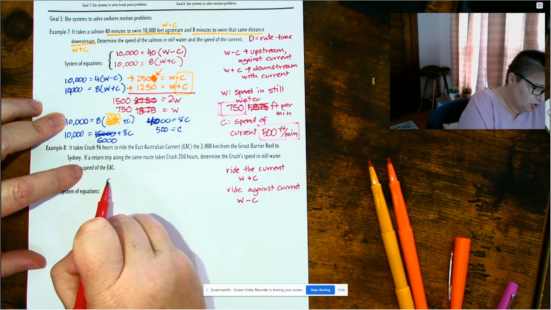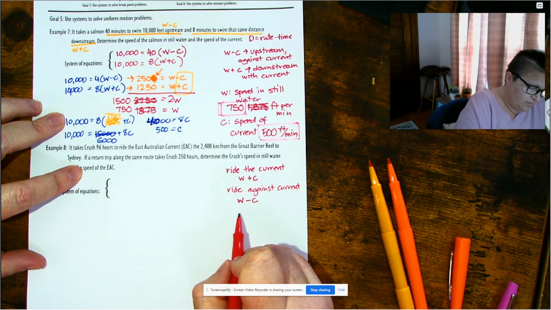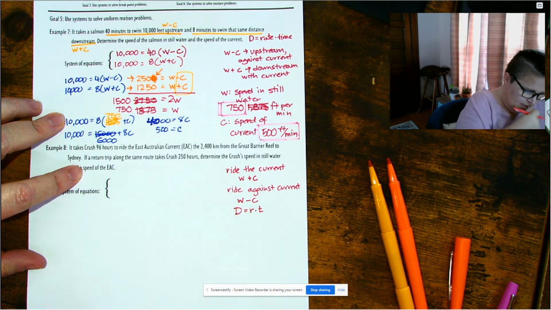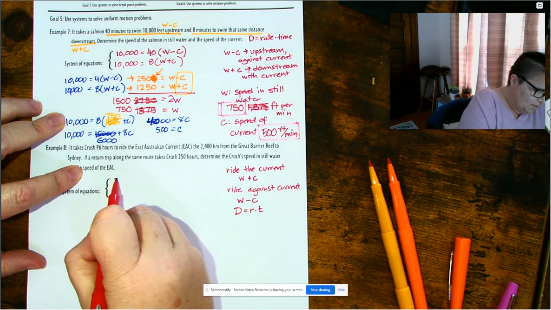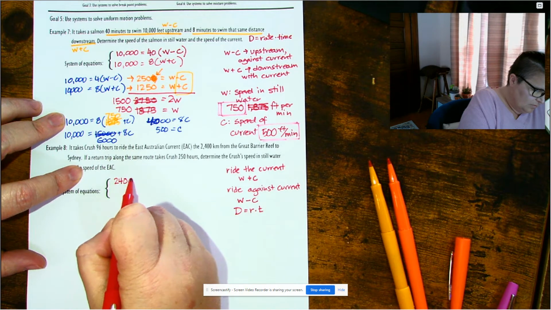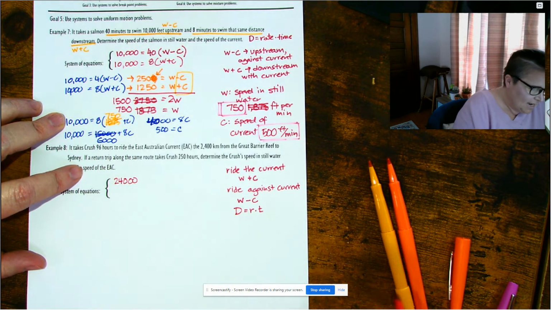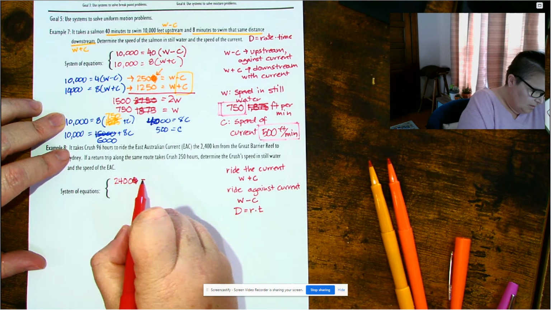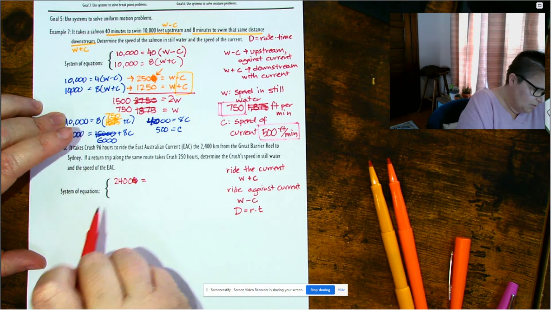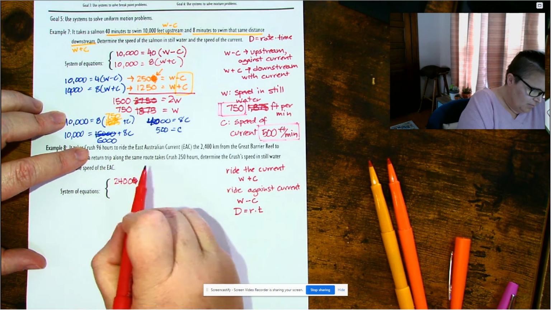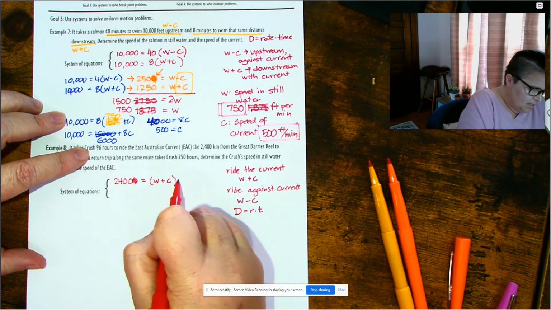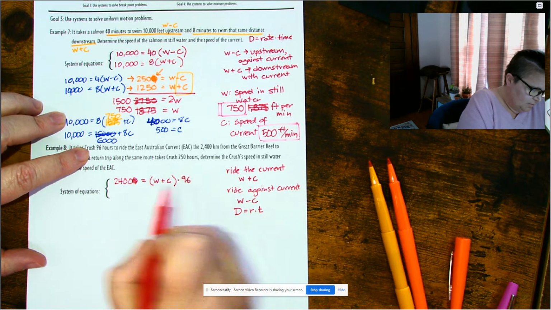So we know that our total distance is 24,000 miles. We're using distance is equal to the rate times the time. So 24,000 miles. Oh, I just added an extra 0 again. 2,400 miles is equal to the rate. If we're going to ride the current, that's the current plus the water, times 96 hours.